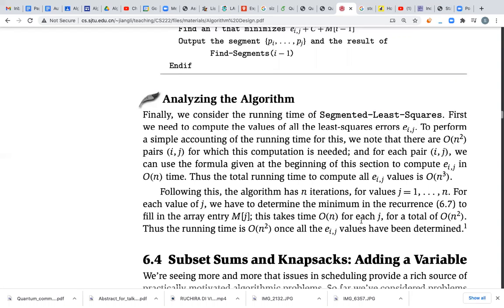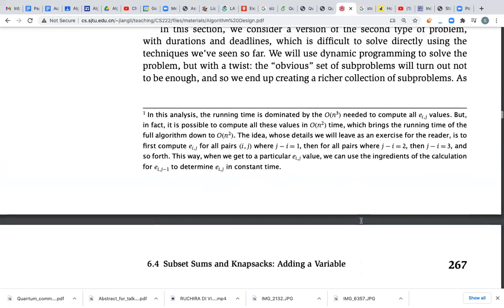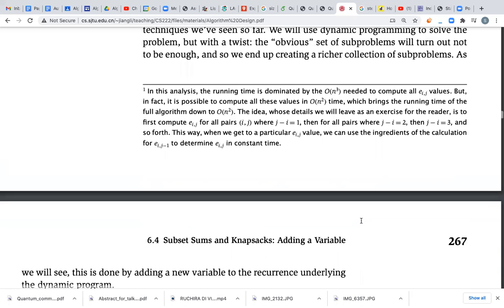Post a note in the classroom saying, can you please explain the n cube to n square. Then I have to go over the write-up here of what they have done. Okay, sir. See, here there was this footnote also.